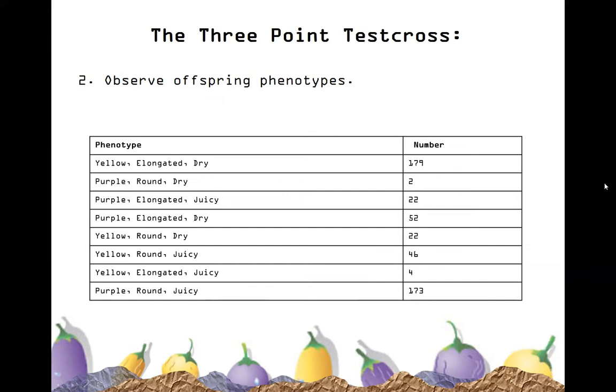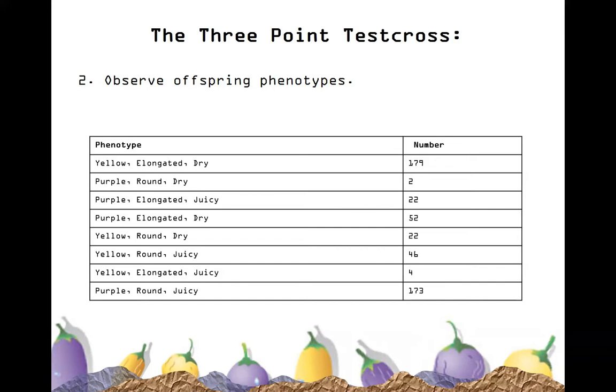Remember from the last video, we emphasized that we're using the physical appearance of these traits, the phenotype, to help represent what's happening at the chromosomal level. We're using those phenotypes to inform us as to what's going on on the chromosome.